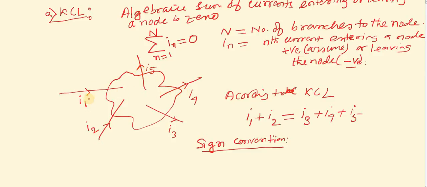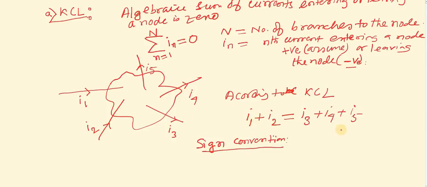You may consider vice versa also, that means current entering is negative and current leaving is positive. But the general convention is that current entering a junction, node or any system is considered positive, and current leaving is considered negative.